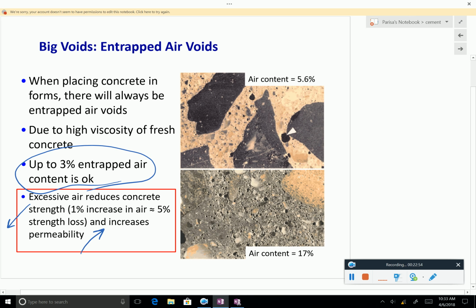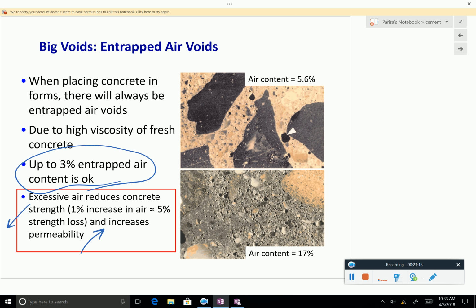Why are we so concerned about permeability? Strength going down, okay, we all know it's not a good thing. But why do we care about increasing permeability? If water gets in, then it freezes. For example, when water gets into concrete, it brings with it all sorts of things. It can cause freeze and thaw if you have weather like we have here.